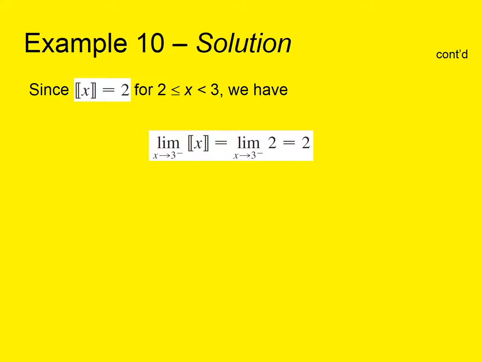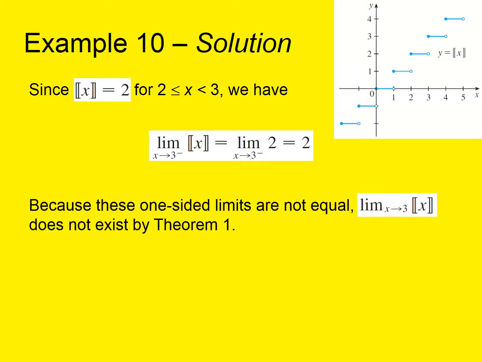But if we approach 3 from the left, the greatest integer less than or equal to x is 2 in that interval. And so those two limits are different. From the left it's 2, and from the right it's 3.